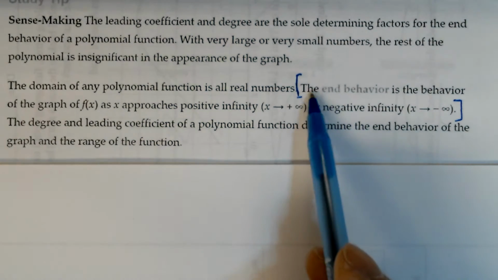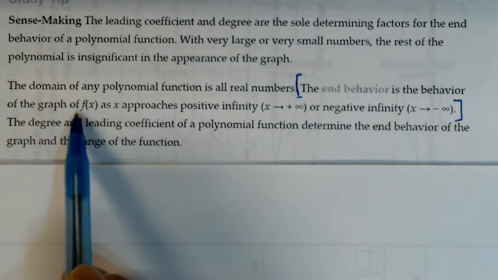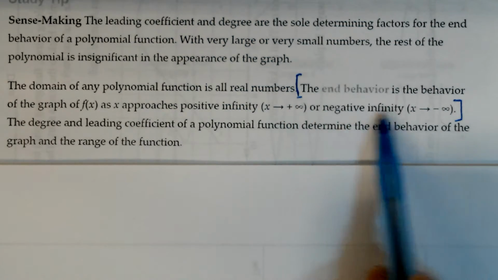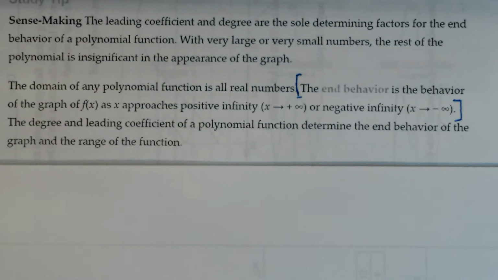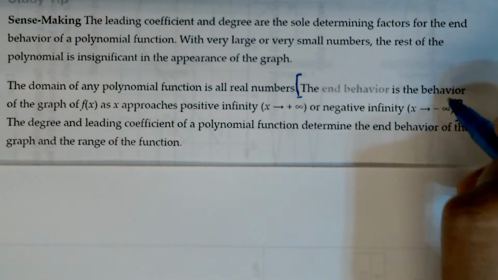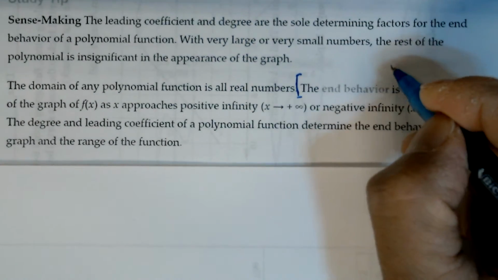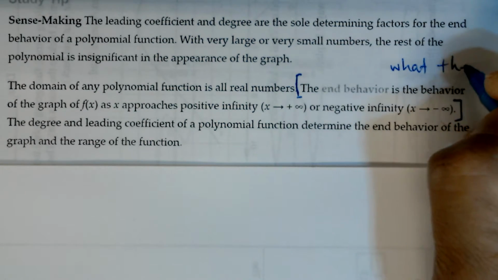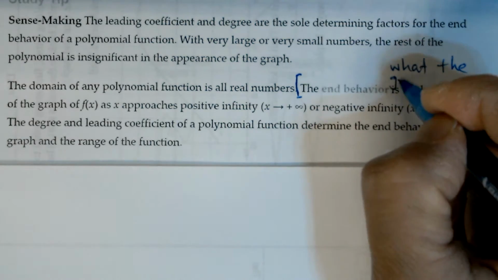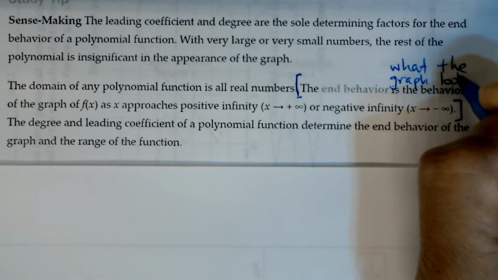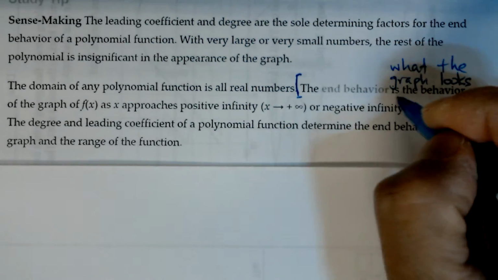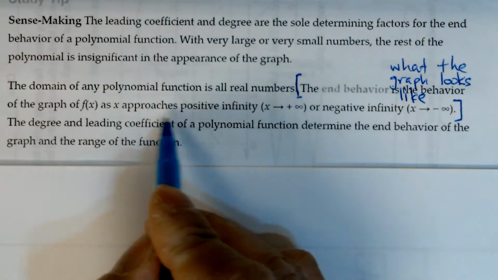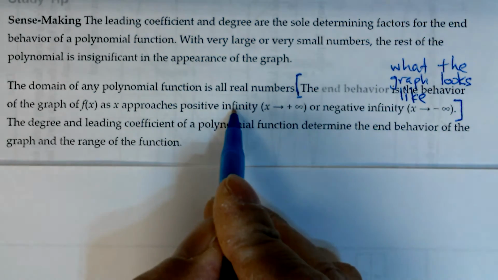The definition of end behavior is the behavior of the graph of f of x as x approaches positive infinity or negative infinity. What this basically means is what the graph looks like when it says x approaches positive infinity.